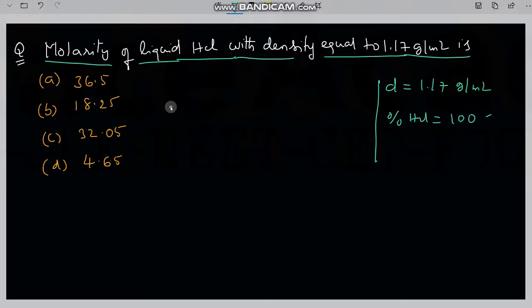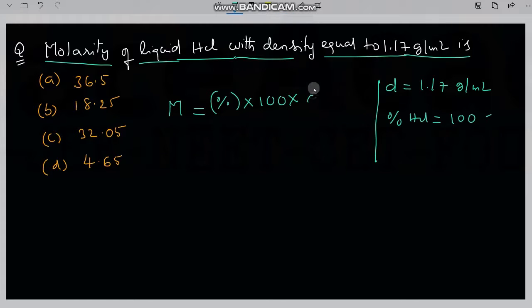According to the molarity and density formula, molarity equals mass percentage into 10 into density.